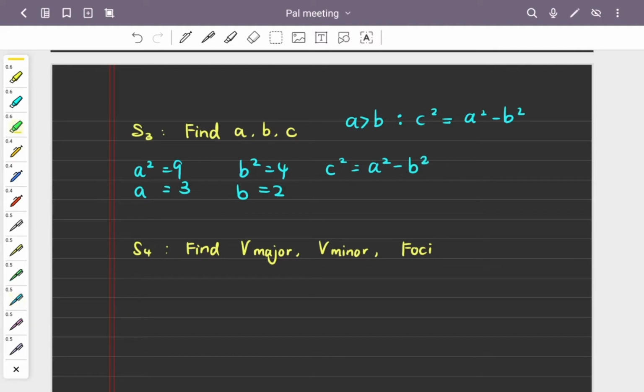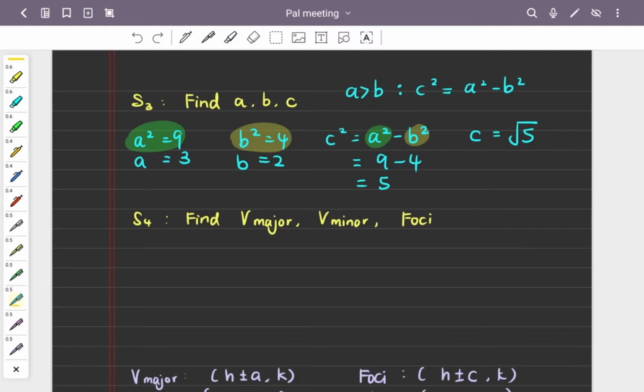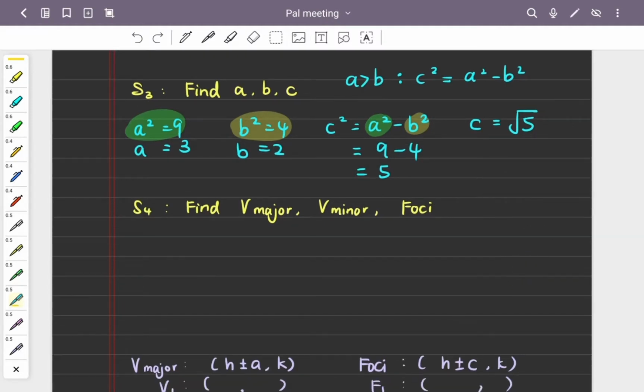Just put in the values. You will get 9 minus 4 equals 5. So your C equals square root of 5. Just leave your answer like this, you don't need to change it into decimal places. So now you have A equals 3, B equals 2, and C equals square root of 5.